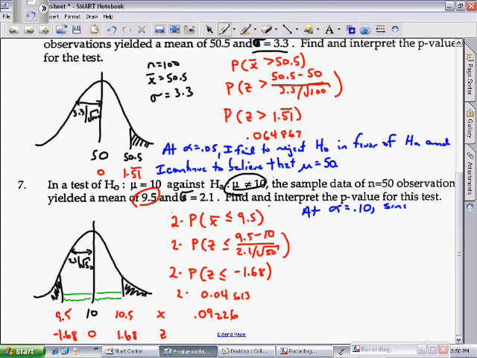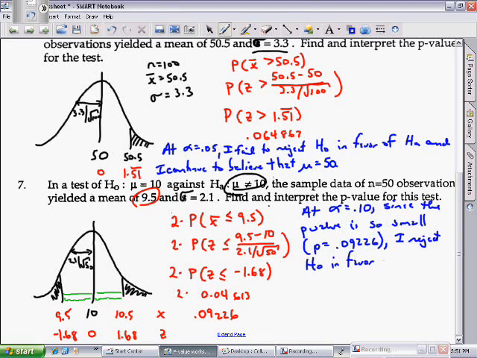So I'll say, since the p-value is so small, at least compared to the alpha level, and I'll go ahead and write that in here, that the p is this. That way, if somebody else doesn't think it's that small, they can change the conclusion around to meet whatever they define alpha to be. So since my p-value is so small, I reject H0 in favor of HA.